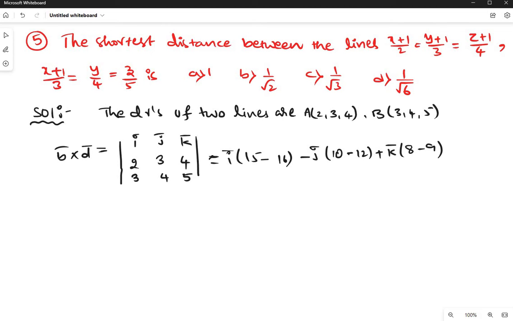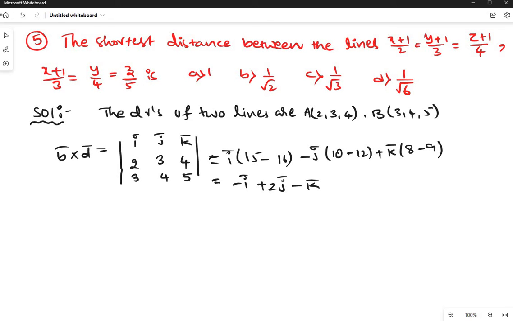So 15 minus 16 is minus i bar; 10 minus 12 gives minus 2, and minus into minus is plus 2j bar; and 8 minus 9 is minus k bar.